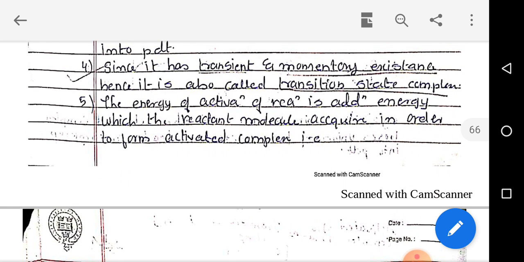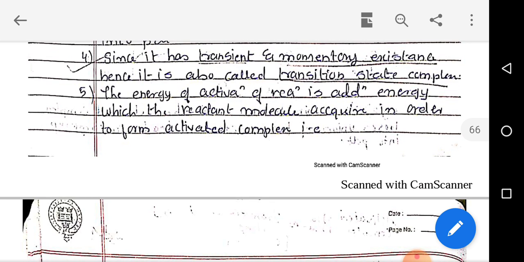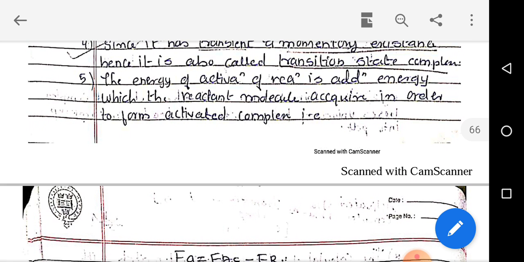Next, since it has a transient or momentary existence, it is also called the transition state complex. Why is it called a transition state complex? Because it has a transient and momentary existence, lasting a very short time, hence it is called a transition state complex.